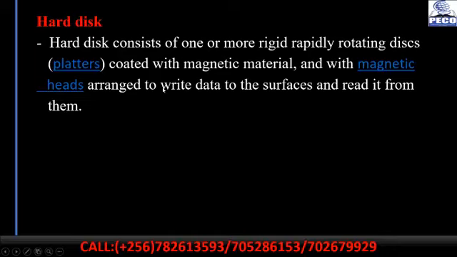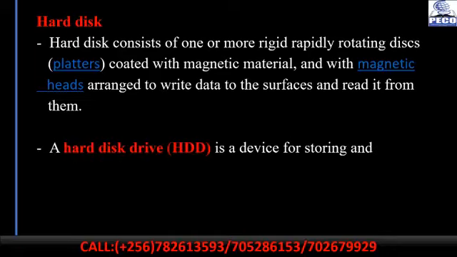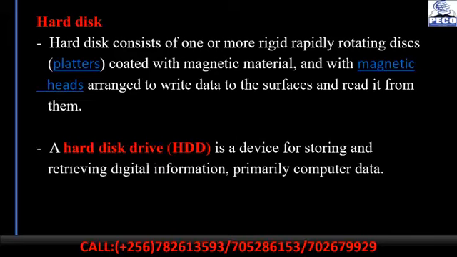A hard disk drive is a device for storing and retrieving digital information, primarily computer data. A hard disk will have several metal platters, as we are going to look at.